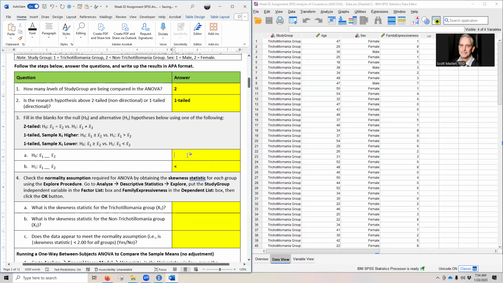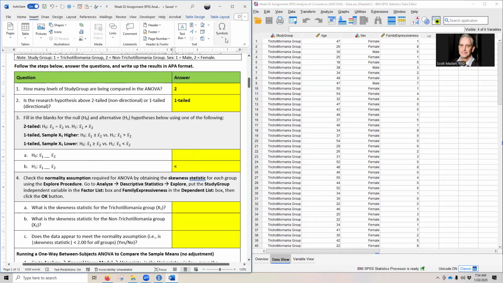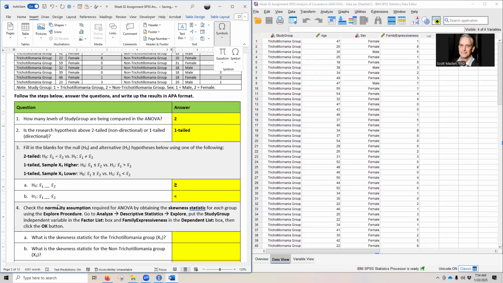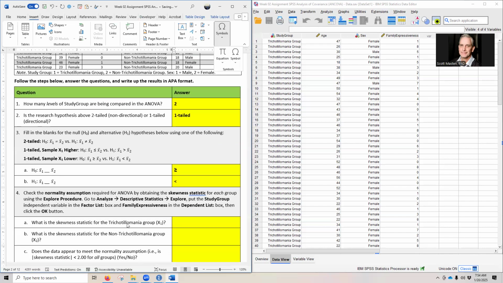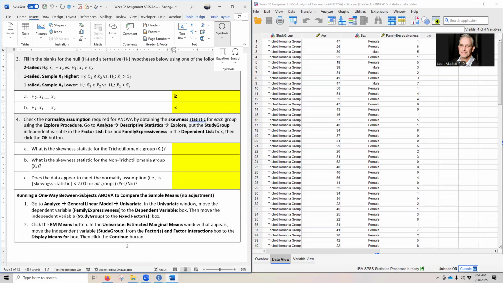And our null hypothesis, therefore, is all other possibilities, which is greater than or equal to. So I will fill in greater than or equal to. Why is X bar one our trichotillomania group? Because they are group one, X bar one. So they're expected to be lower on that mean.